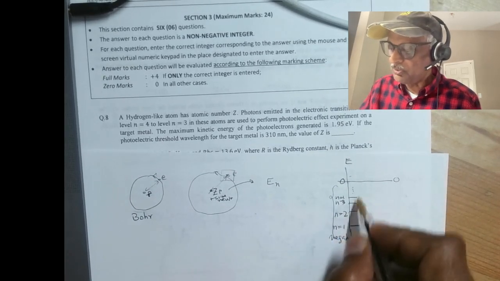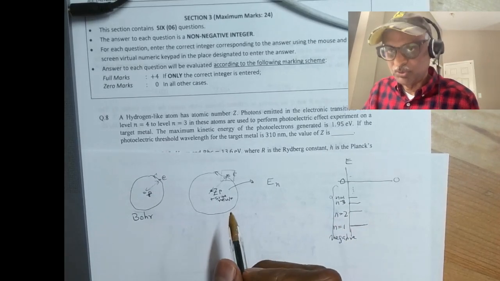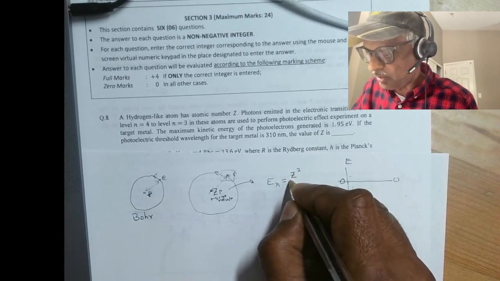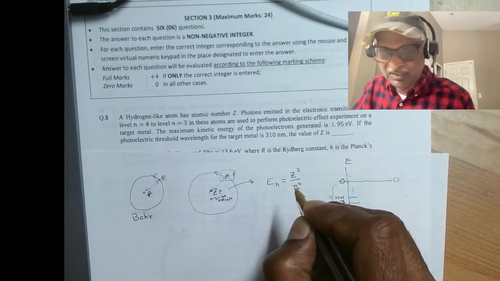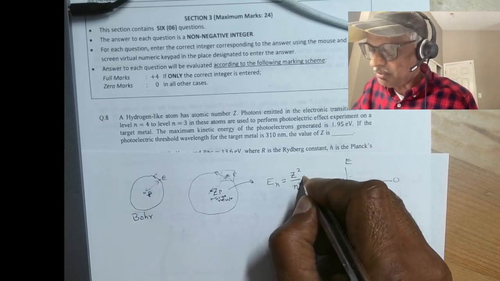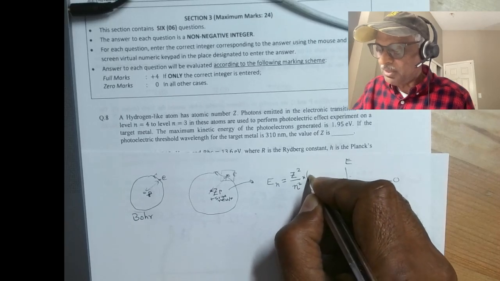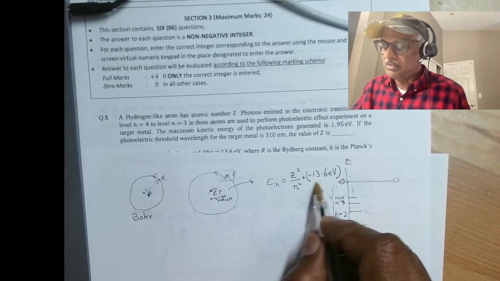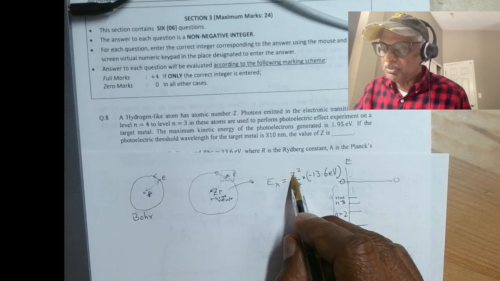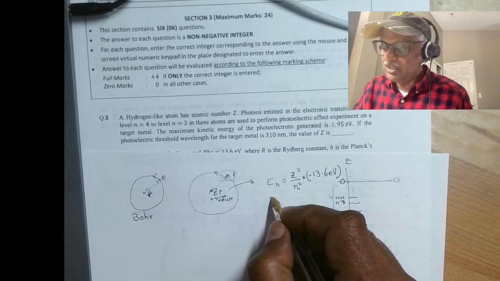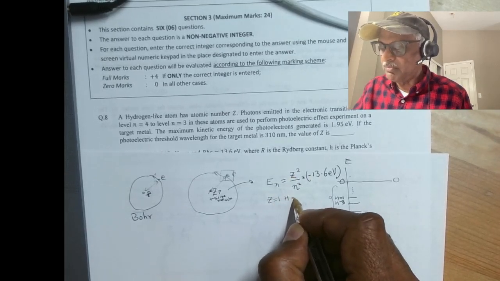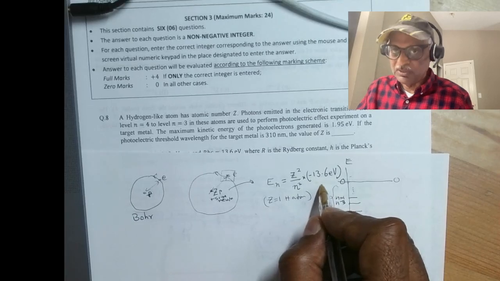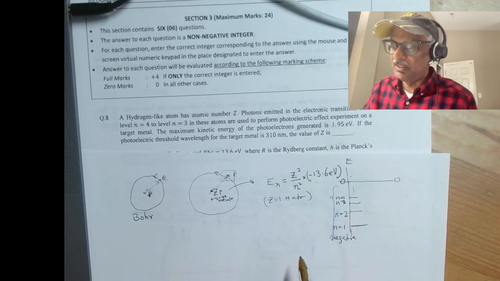The formula you can compute using the Bohr model is Z squared over n squared, times minus 13.6 electron volt, and that's the same as in the hydrogen atom. Hydrogen atom is Z equals 1, and you can see this is the lowest energy level value for the hydrogen atom.